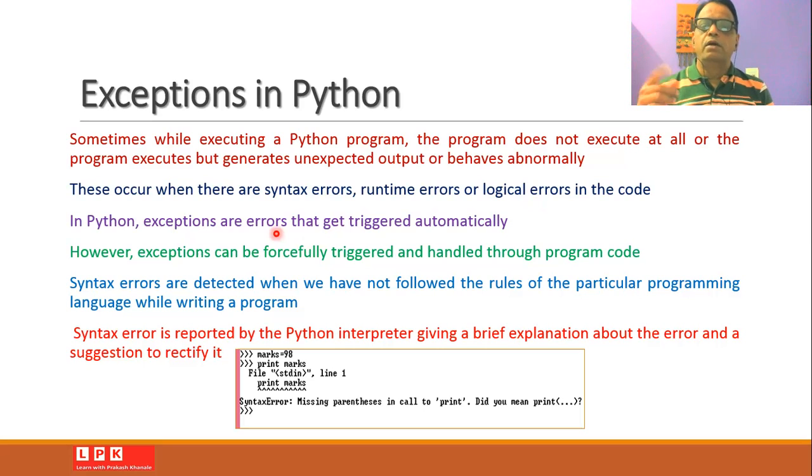The interpreter will raise the exceptions, and the programmer will be pointed to the error generated by the Python interpreter. It is also possible that exceptions can be forcefully triggered. That is, the programmer himself can check whether the syntax is correct or not, and he can forcefully trigger the errors, and he can handle such errors or exceptions within the program code.